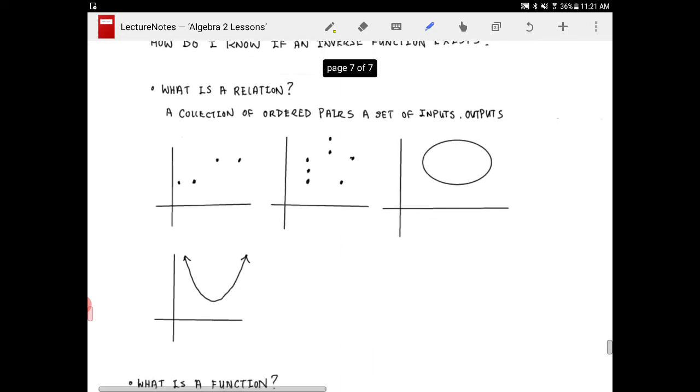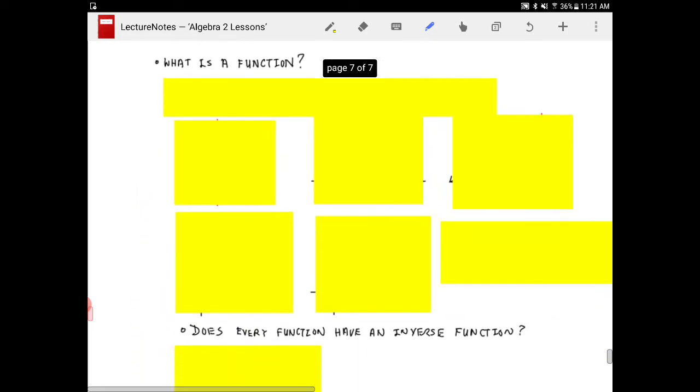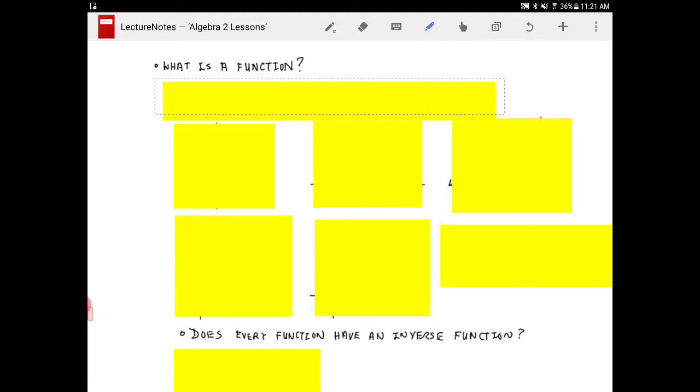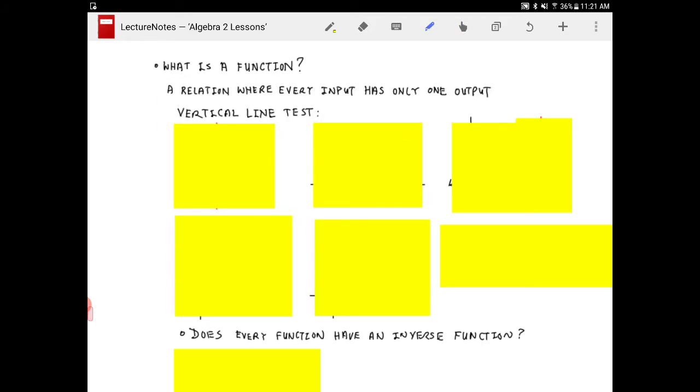So what's a function then? Well, a function is also a relation, but it's a relation that passes the vertical line test, or in other words, every x coordinate, every input, has only one output. So how does that look?